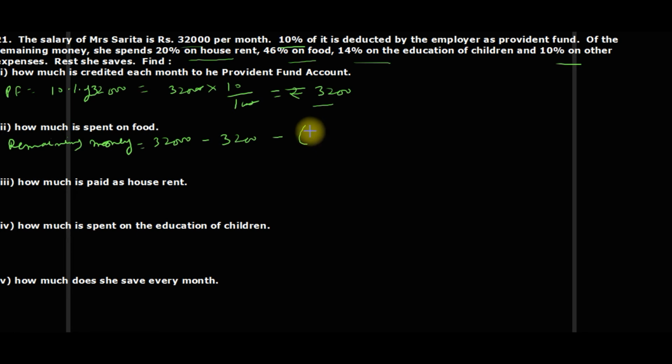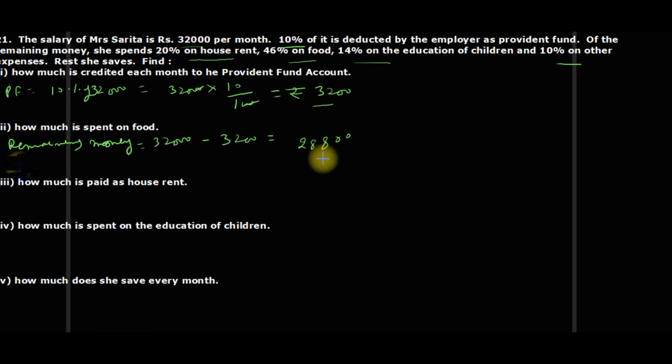So first of all, remaining money we will deduct. So this will come 28,800.